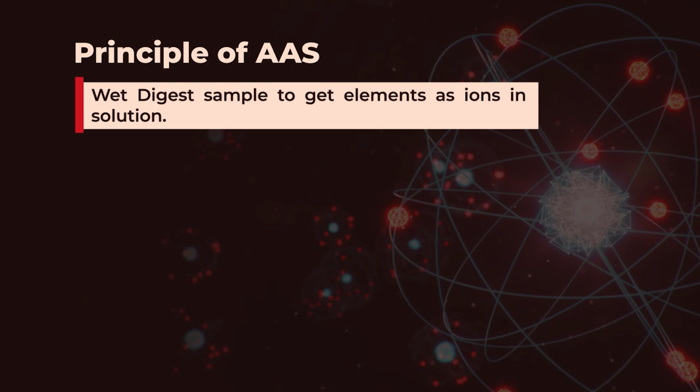What is the principle of AAS? We first wet digest. During the ashing, we always digest with acids, the acid insoluble ash or acid soluble ash. What we do basically is digest the material with acids, so that all the elements get into the solution.